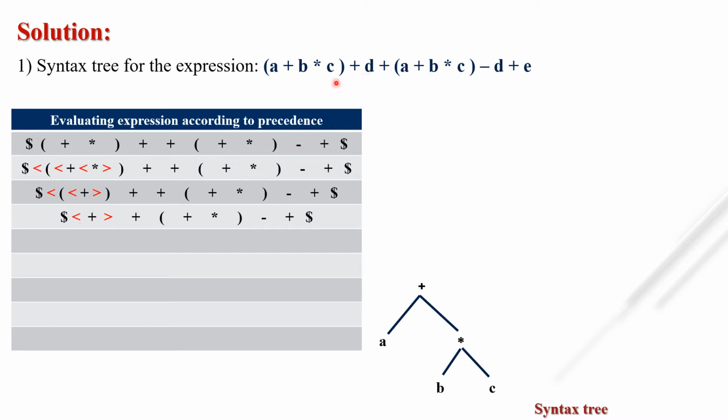The answer of a plus b into c will be added with plus d. Plus d is on the right hand side, so we draw the arrow on the right hand side with the operator plus and the child node d. Okay, this expression will be evaluated already and the whole answer is stored in T3.